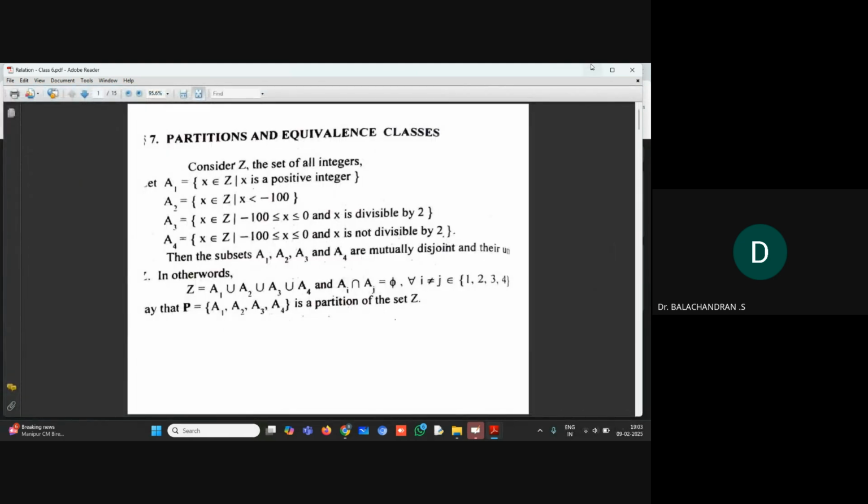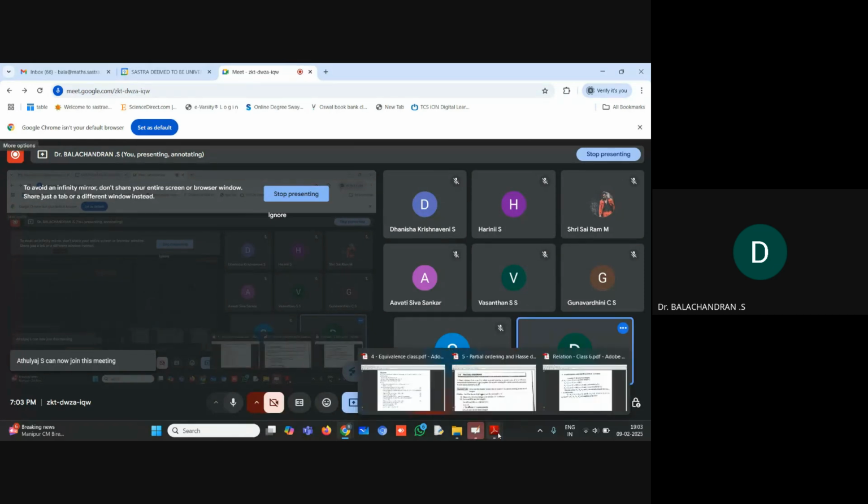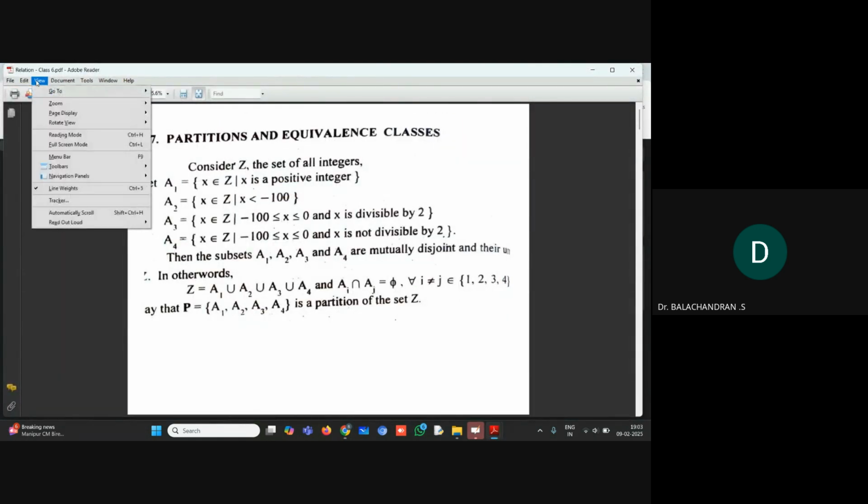That one I am going to divide into 2 parts. I think I explained A1 and A2. For A3, the remaining part we still have is minus 100 to 0, which I am going to divide into 2 parts.